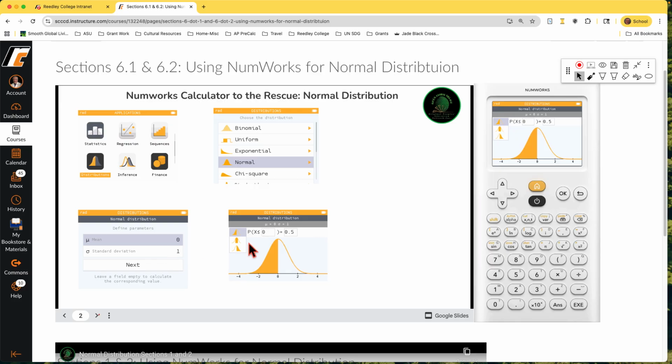And what we're always going to get is the percentage of area under the curve, which is a probability. So the probability of being below the mean is 50%, or 0.5. Seems simple? Good, because it is. But it can get confusing. So the 3 different ones: we've got less than, between, and greater than.